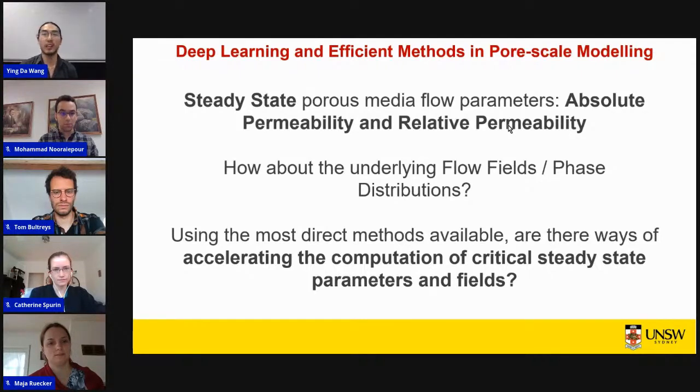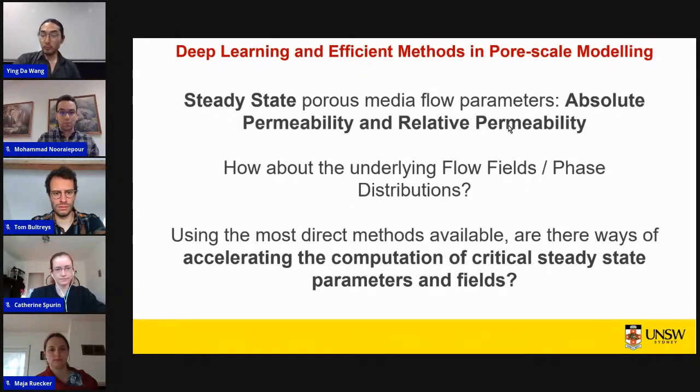Depending on the transport phenomena you're modeling, aside from just the numbers K and KR, you may also be interested in the velocity field itself and the phase distributions for solute transport, wettability analysis, and so on. So with that in mind, are there ways of accelerating the computation of these steady state parameters, velocity fields and phase distributions?